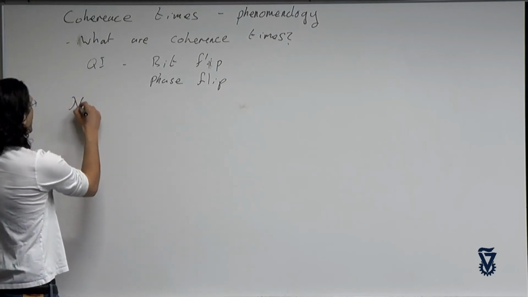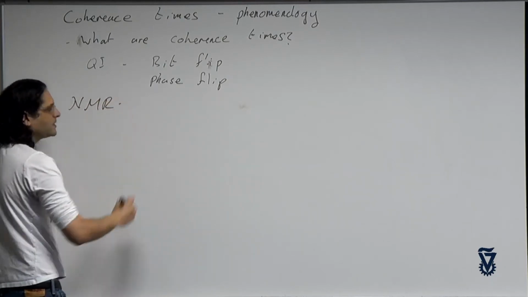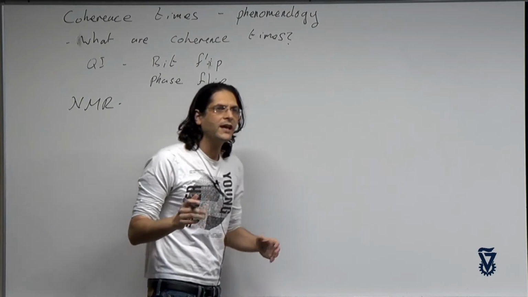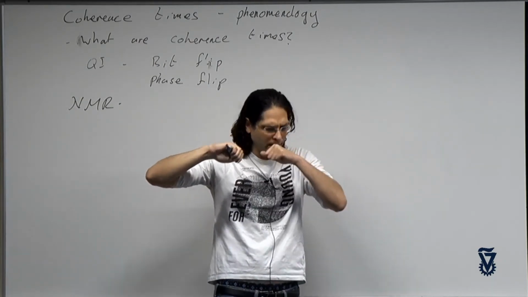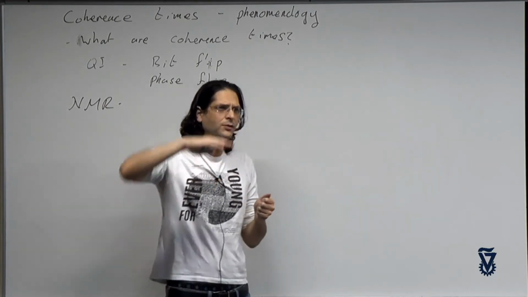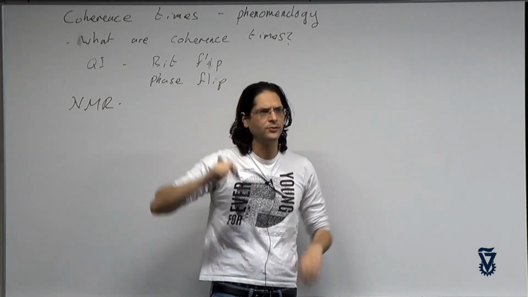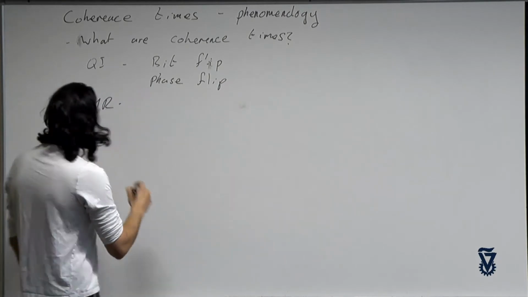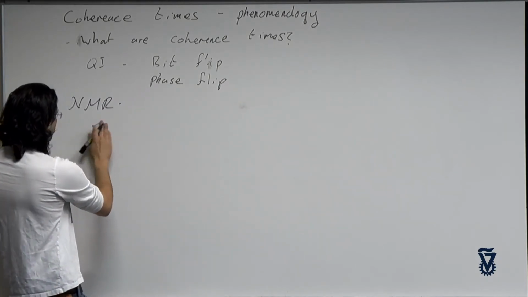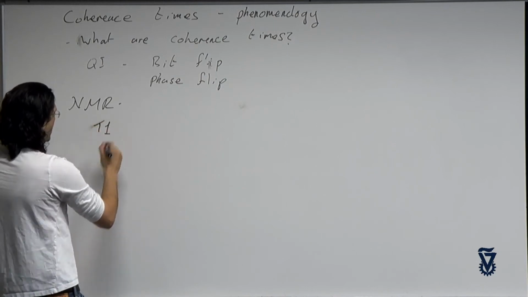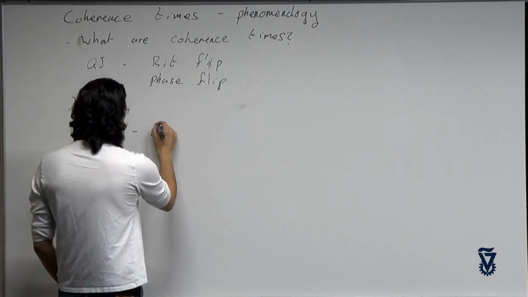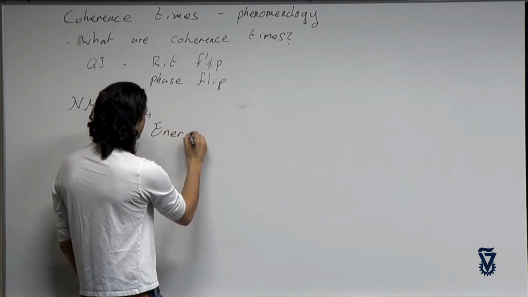But in the NMR language and in more realistic systems, what we usually have is a two-level system, and this two-level system is not in general degenerate. There is a higher energy level and a lower energy level. And then in a natural way you will get two processes, one which is in the NMR language called T1, and this is energy relaxation.